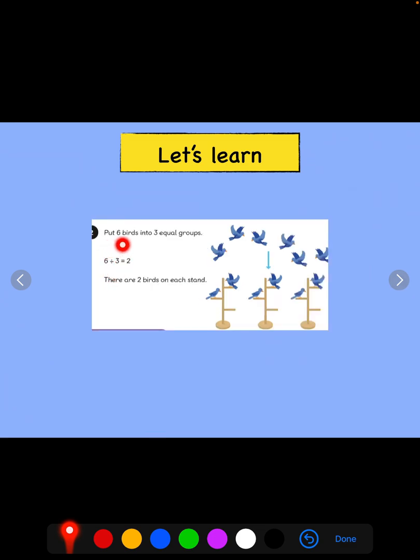We can also put 6 birds into 3 equal groups. We would still be sharing the birds out equally. So let's pretend here are my 3 groups. Now I'm going to share the 6 birds into each of these groups equally.